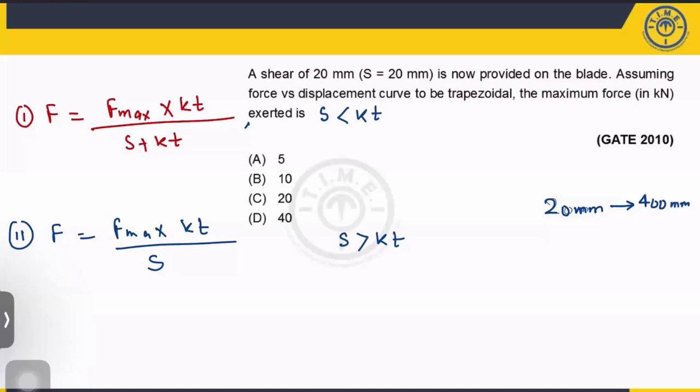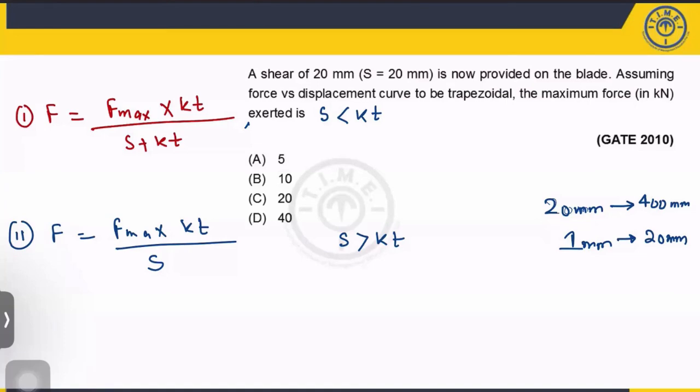What you will do? First of all, you will calculate for 1, yes or no? So now, let us suppose for 1, so 1 shear is provided on 20 if the length of blade is 400.